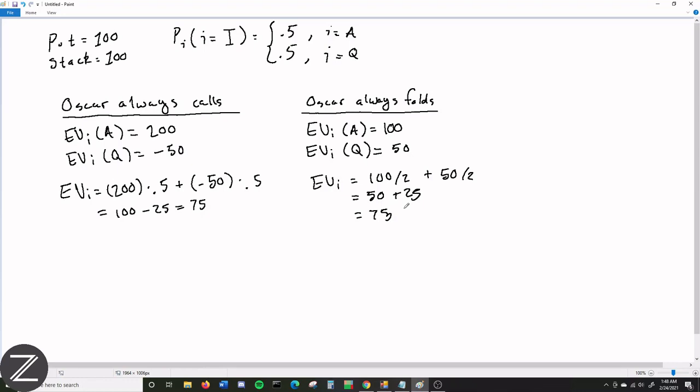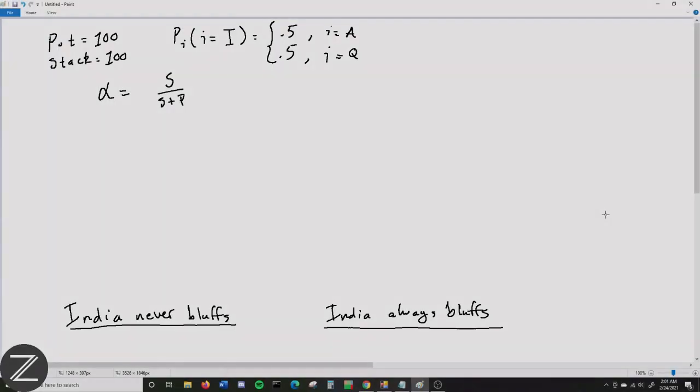Yeah, and so we'll cover one last scenario here and introduce alpha. So now we're going to take a look at this from Oscar's point of view. Alpha is basically the optimal folding frequency.